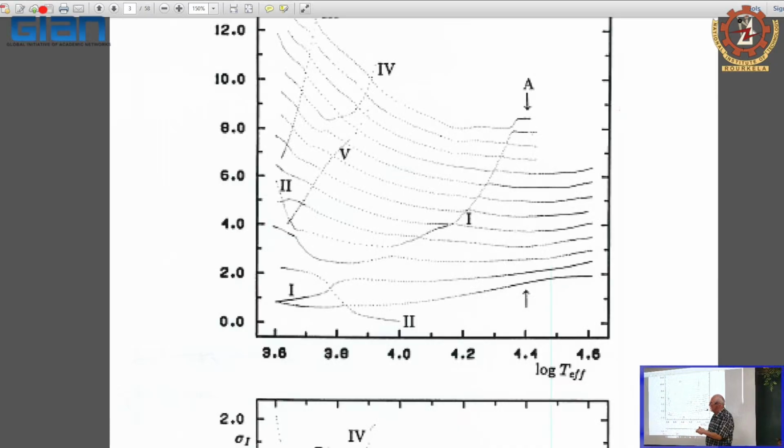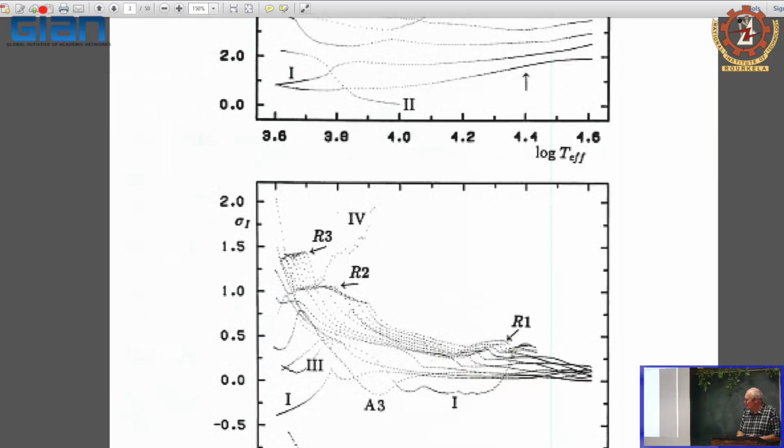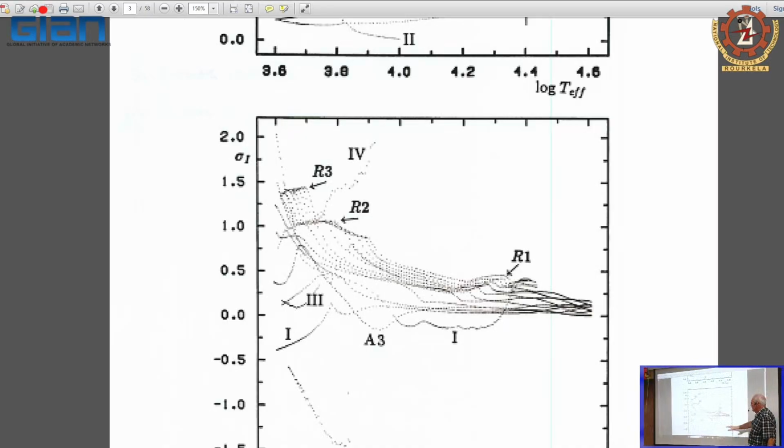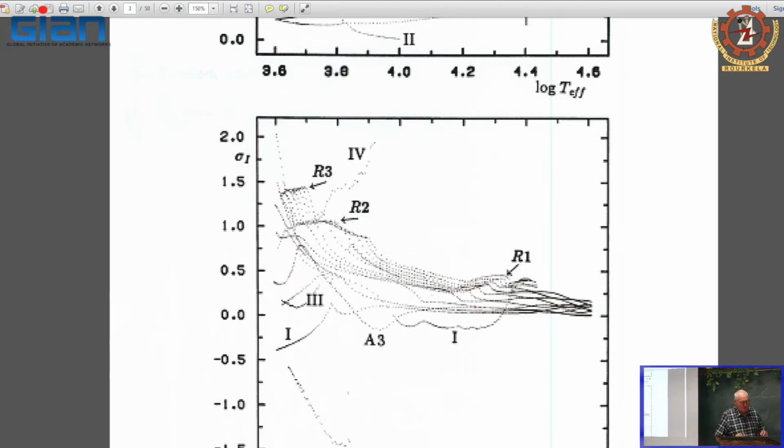In the NAR approximation, it looks a little bit different, but at least the trace of this mode is also seen in the NAR approximation, and moreover, the value of sigma I found in the full problem is comparable to the value of the instability or the growth rates in the NAR approximation.